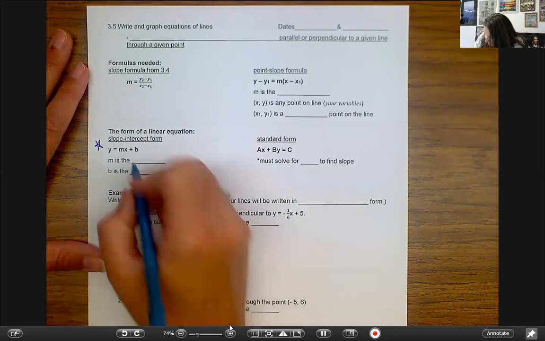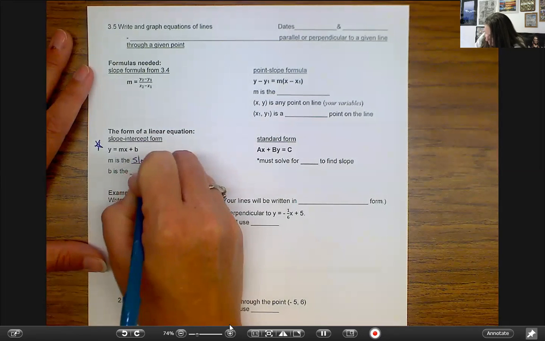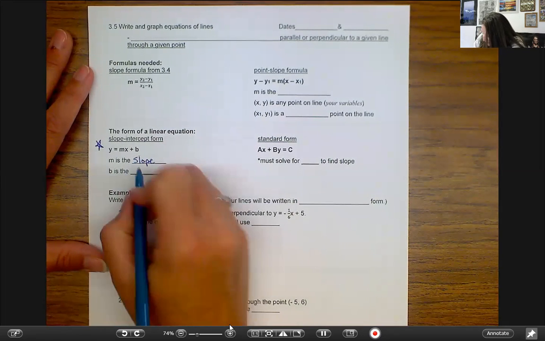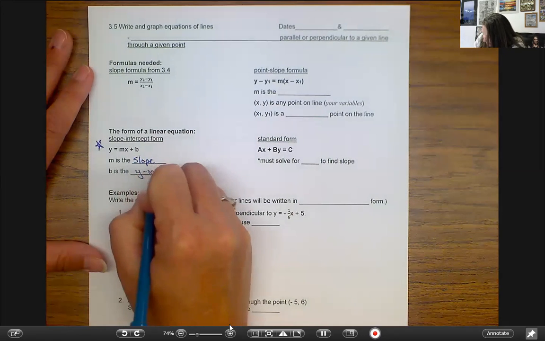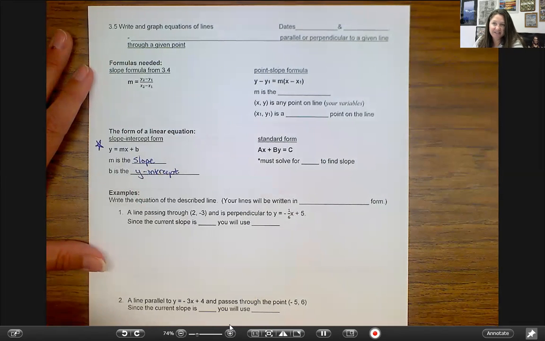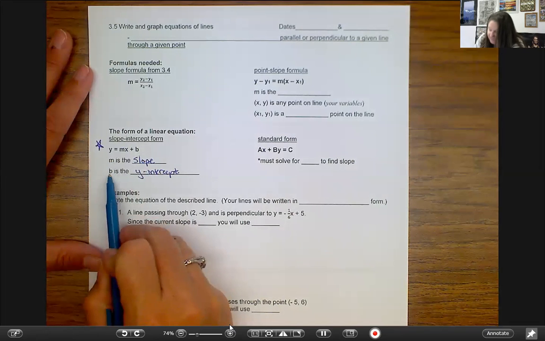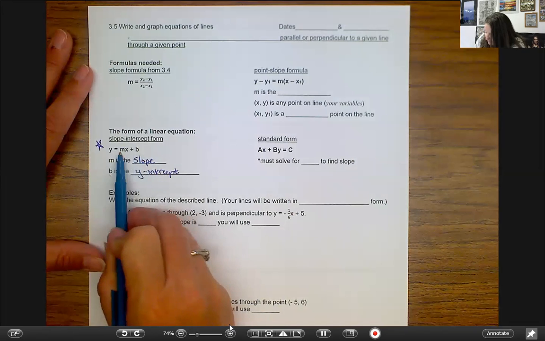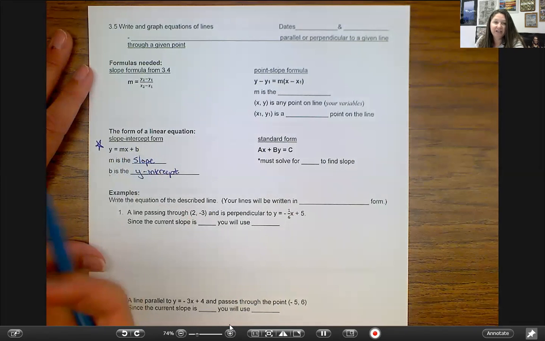So m is our slope, and then b is your y-intercept, where the graph would cross the y-axis. But you are typically solving for slope first and then finding your value for b. Those are always the variables that you need to find a value for, and then x and y will remain in your equation.